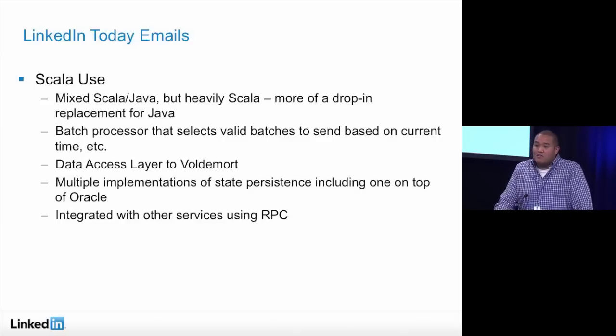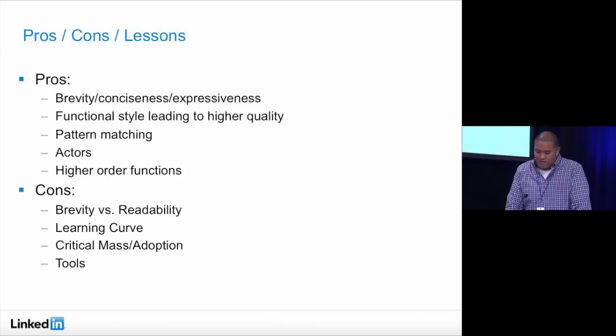And we actually built a state persistence model for when the service sometimes crashes or whatever and comes back up, to make sure we aren't sending you emails more than once a day or once a week, as your preference states. We built that on top of Oracle, and that was written in Scala also. And this is completely integrated within our JVM stack. So those are two of the uses.